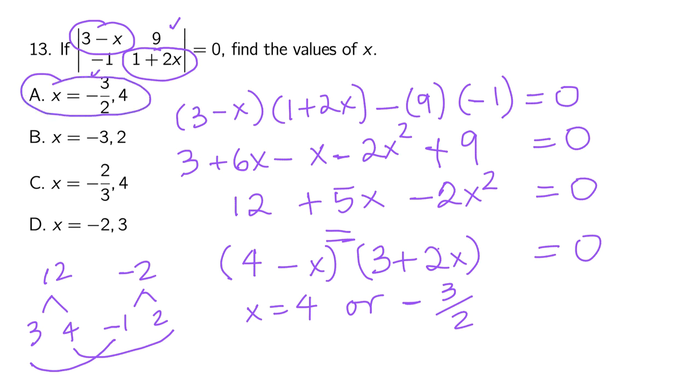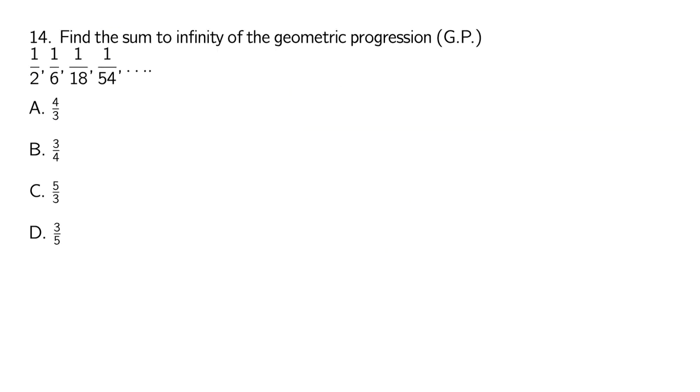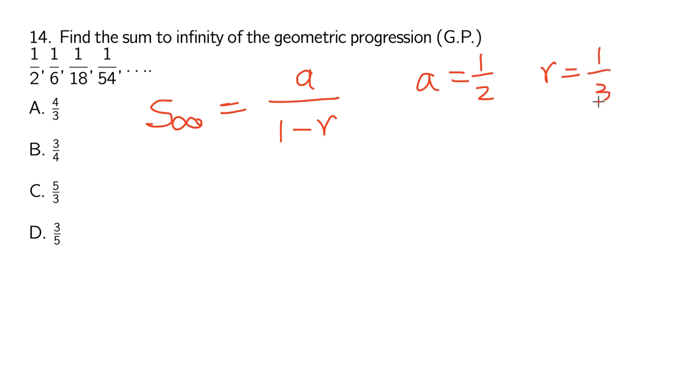The next problem says find the sum to infinity of the geometric progression. Now the sum to infinity, if you remember the formula, it's always good to remember these things, is a over 1 minus r, where a is the first term and r is the common ratio. Here our first term is half and our common ratio is 1/3.